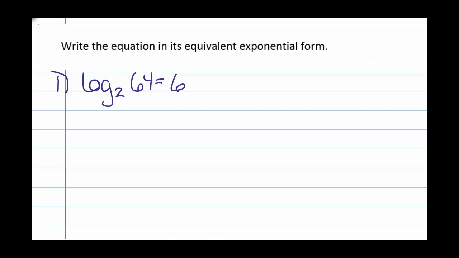This is actually a true statement. All we're doing is rewriting it. So the base of our log is the base of our exponent, so 2 to the 6th power equals 64. So we can see that that's just a true statement.